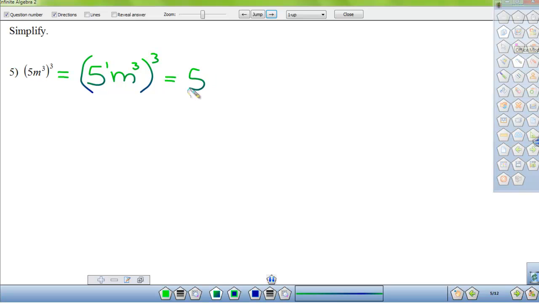So that will actually be a 5 cubed times m to the 9th power. And I'd say that this is probably the number one mistake when doing these types of questions, is that we tend to forget about the 5 needing to be cubed. So our final answer is going to be 125 m to the 9th power.